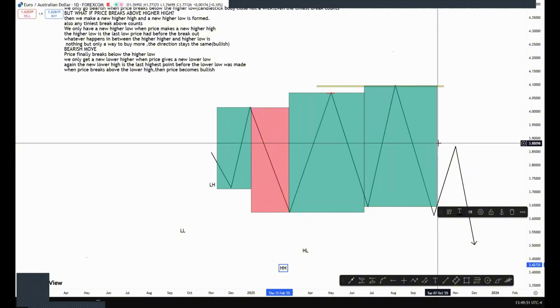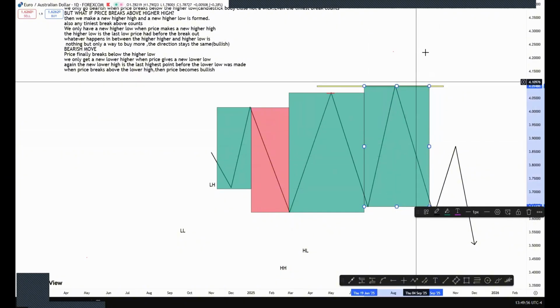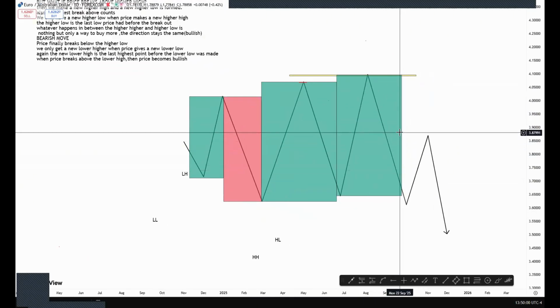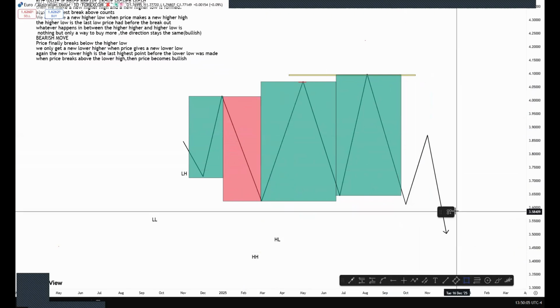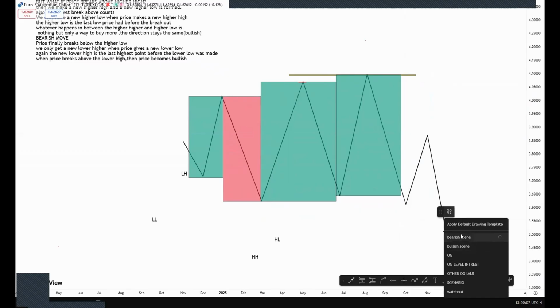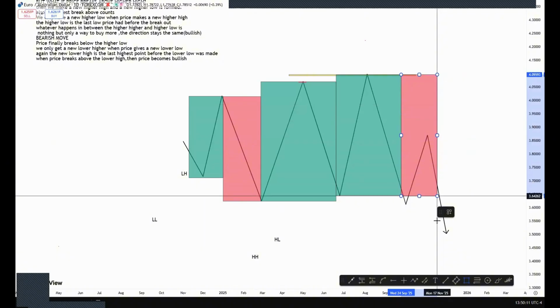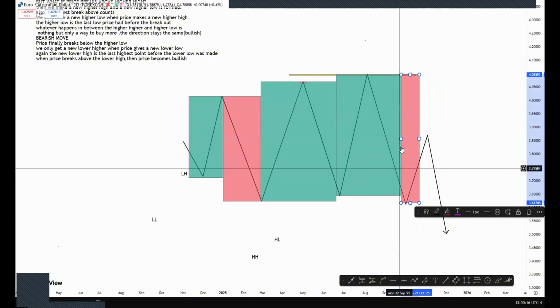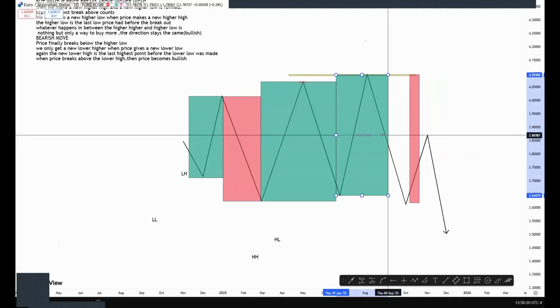So what we do is we reduce this. So we're looking for buys in this state in order to buy more, but price now has broken below. So we are now bearish, and from here you now get that break, and I think it should be right above this level here.